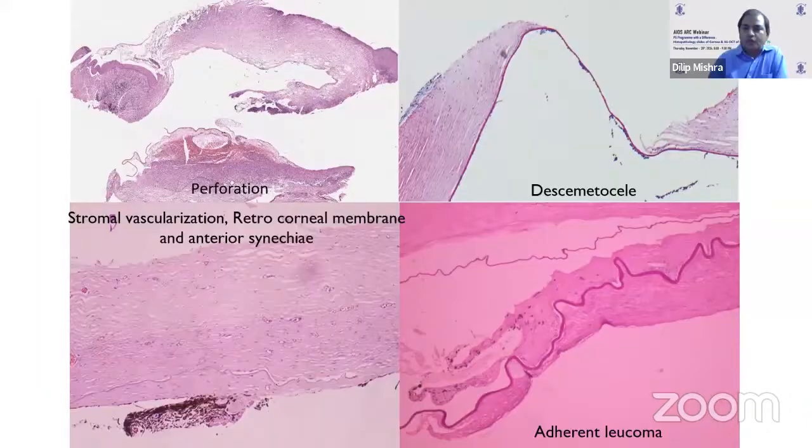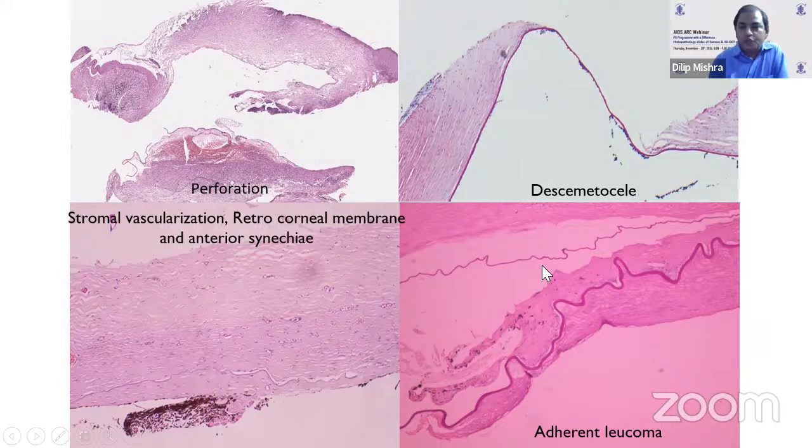So what are the consequences of this infection? Mostly this infection can cause perforation. You can see the upper left image is a perforated cornea. Perforation can lead to descemetocele or prolapse of the Descemet membrane from the site of perforation. Then there is retrocorneal membrane formation along with anterior synechia. And this is the lens.